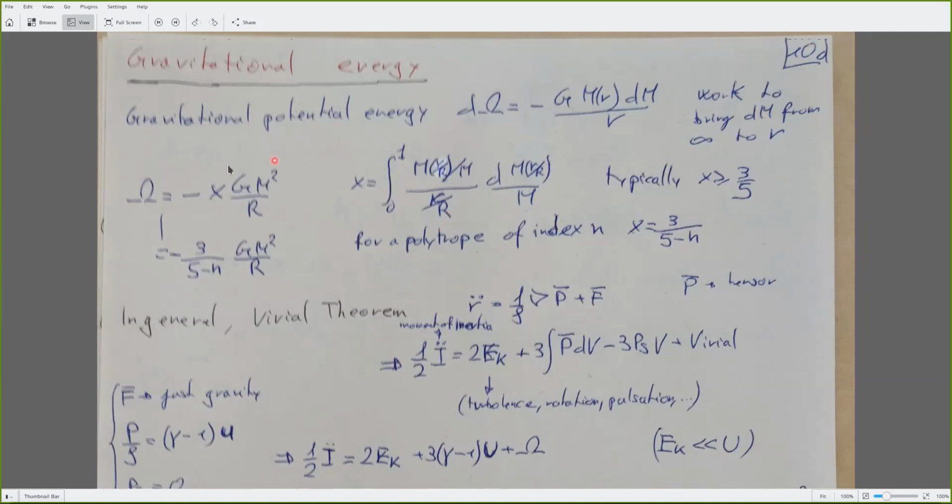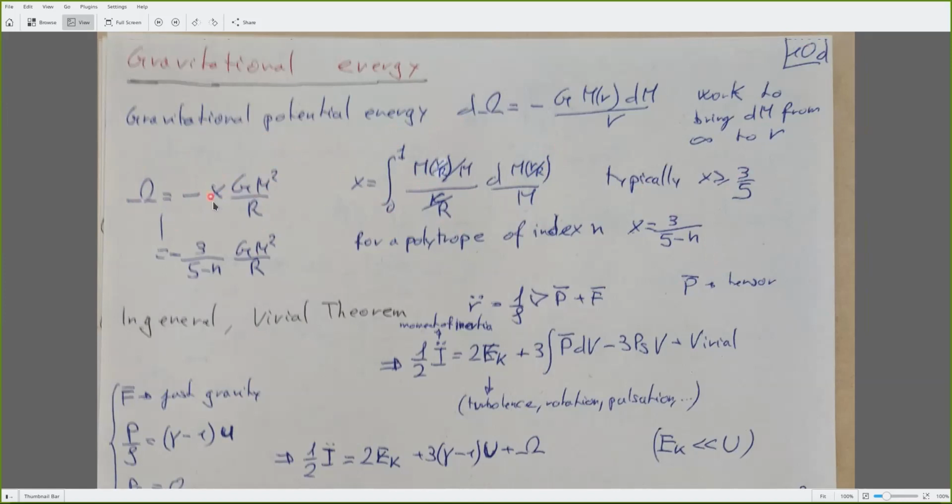So we can calculate in general for a star the gravitational potential energy, which can be expressed like classical potential energy, with the mass squared over the radius, multiplied by a factor that is determined by this integral.